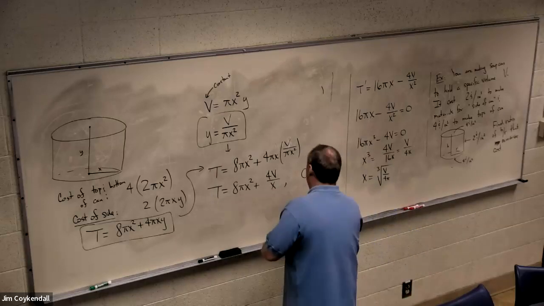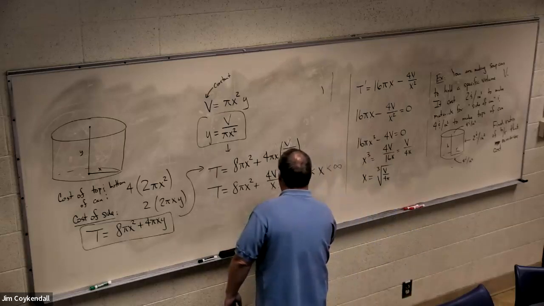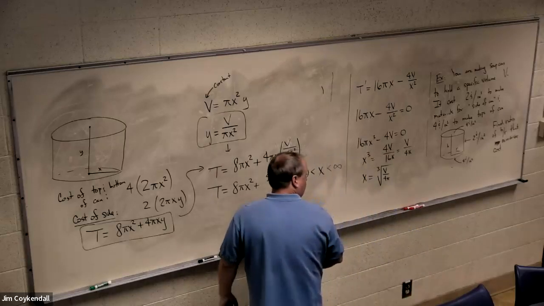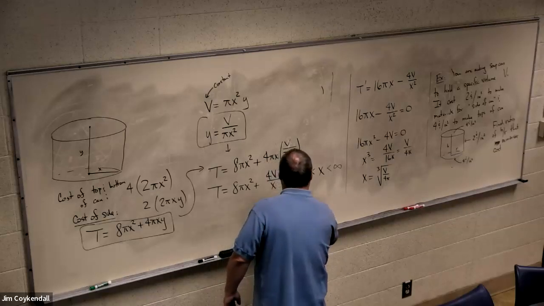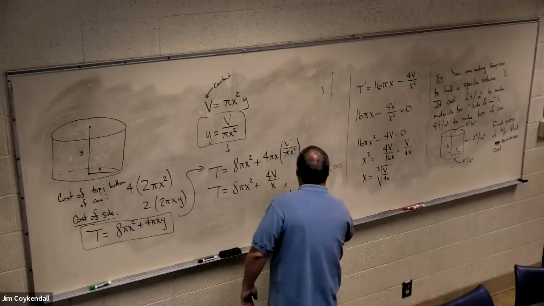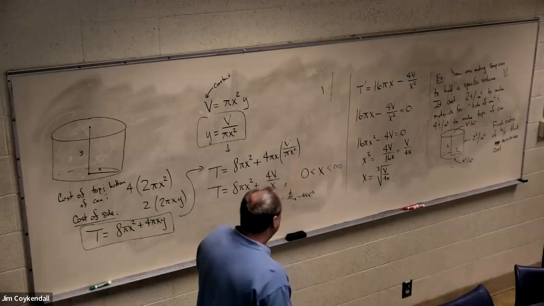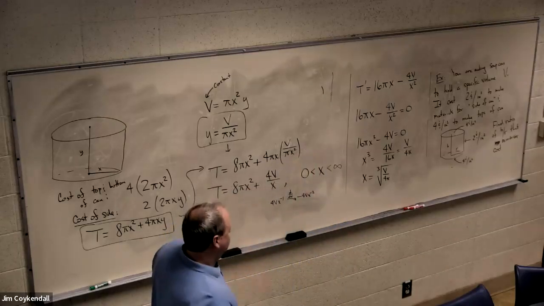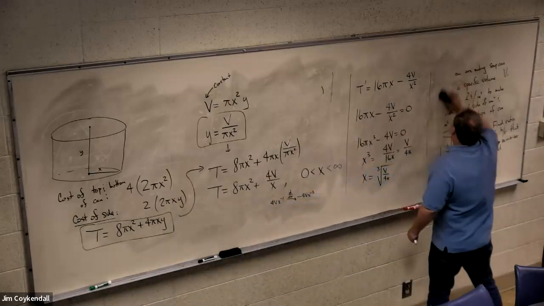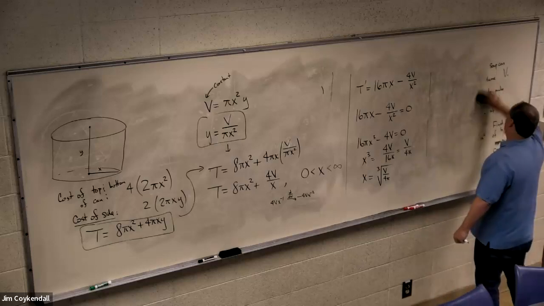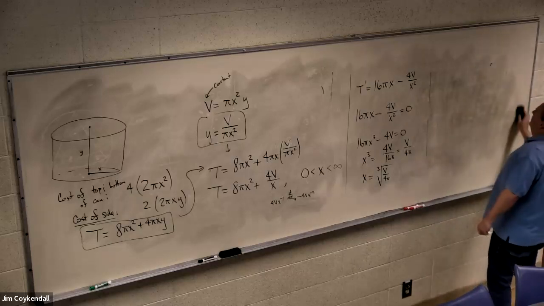This is 4b x to the minus 1, right, so its derivative is minus 4b x to the minus 2.